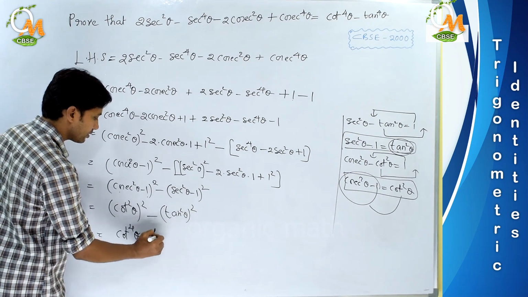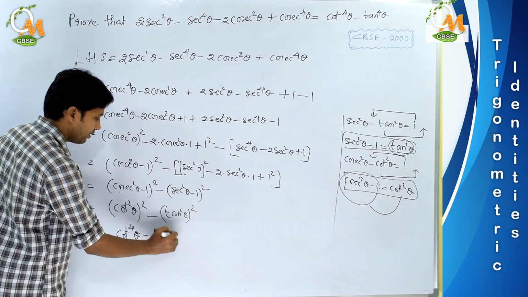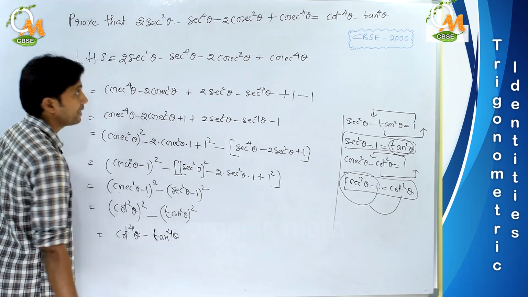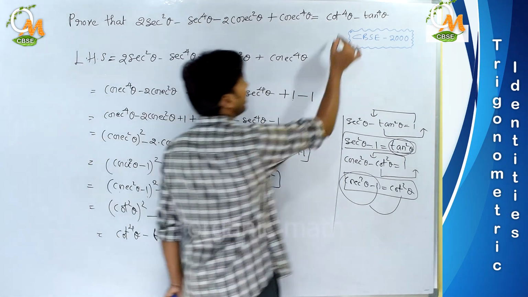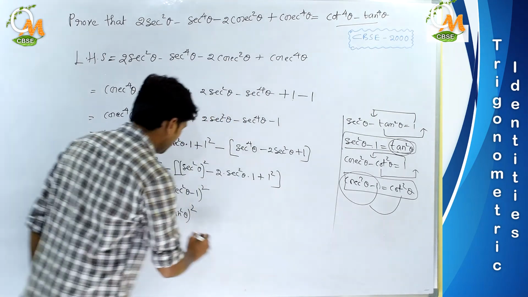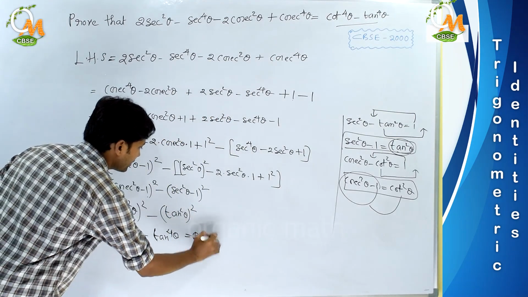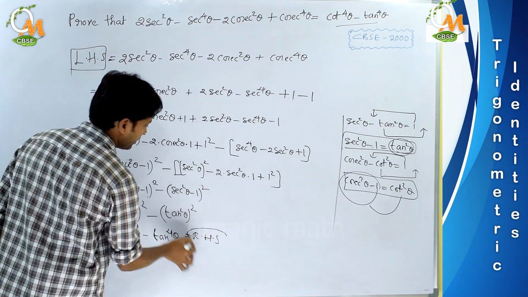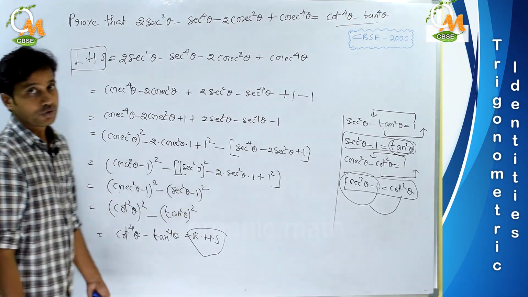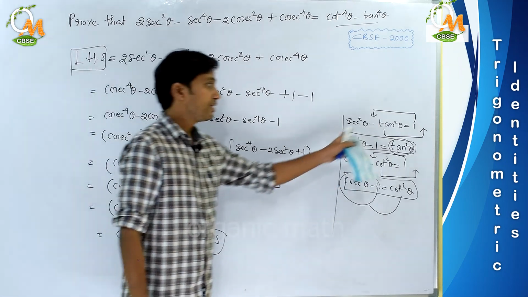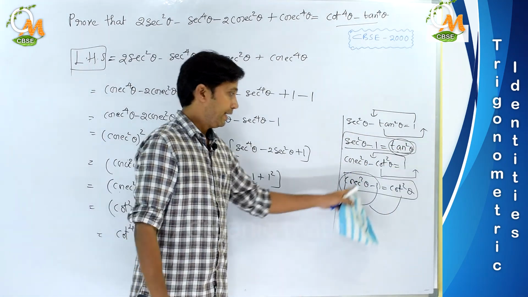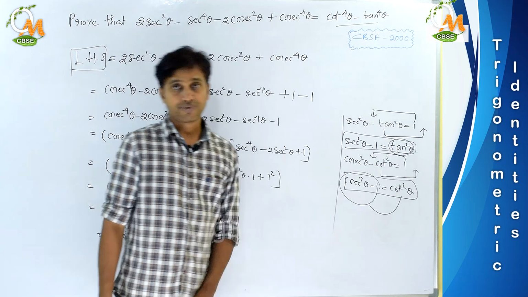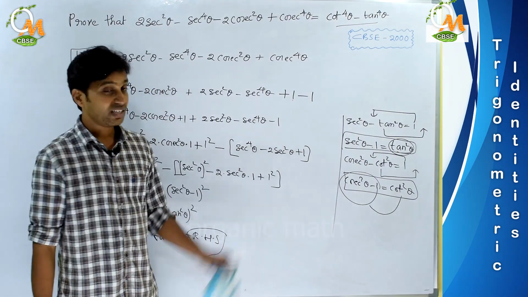Yes. I think we obtained our required RHS part. So we took LHS and successfully obtained RHS. We could solve it by using secant square theta minus tan square theta equal to 1 and cosecant square theta minus cot square theta equal to 1. Like this we can solve.